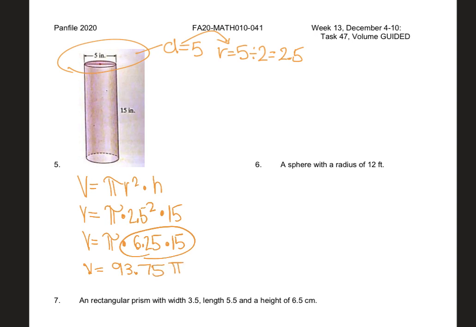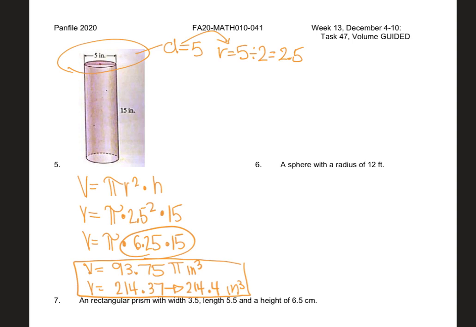Now I can leave that, or I can multiply it by 3.14 to get that my volume equals 214.37, which rounds to 214.4. And I am in inches cubed. Inches to the third. So both of those answers are correct.